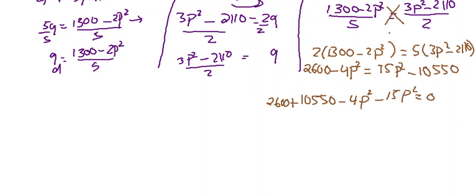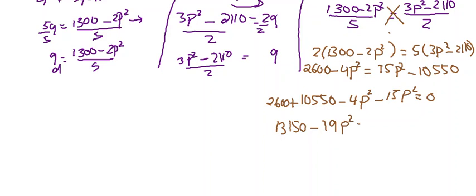Okay, so 2,600 plus 550, you will get 3,150 minus 19p squared.